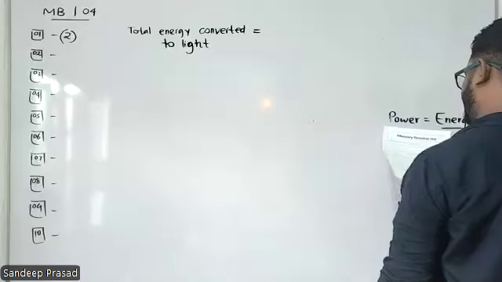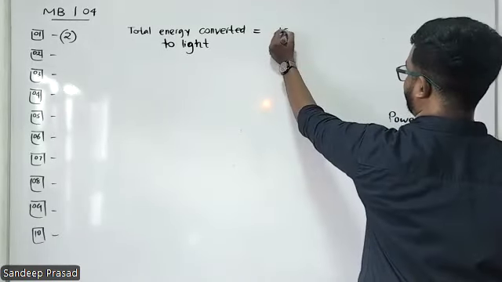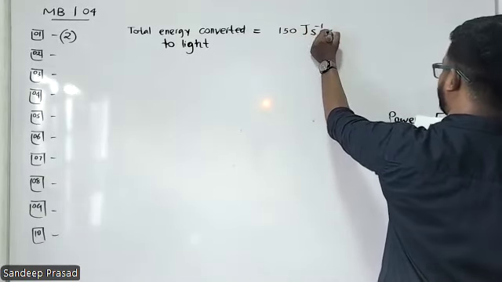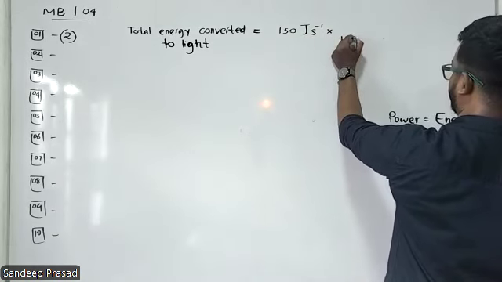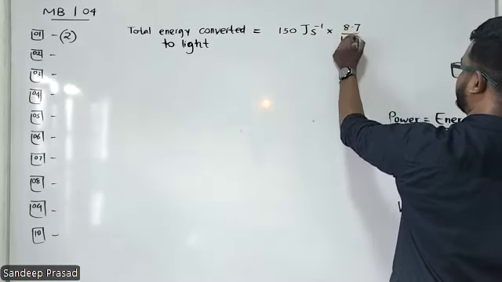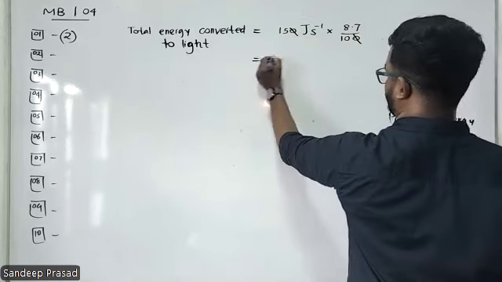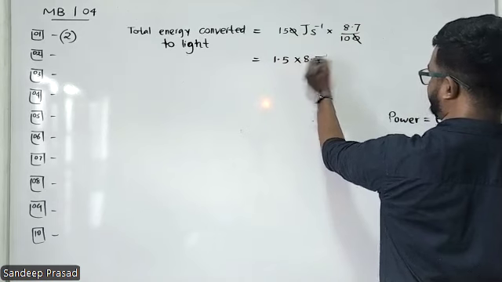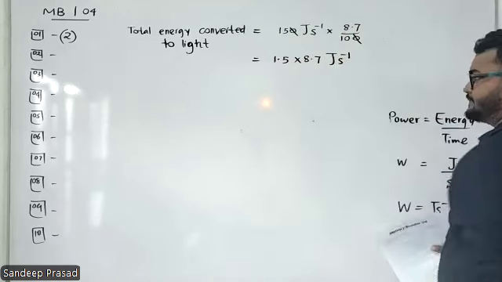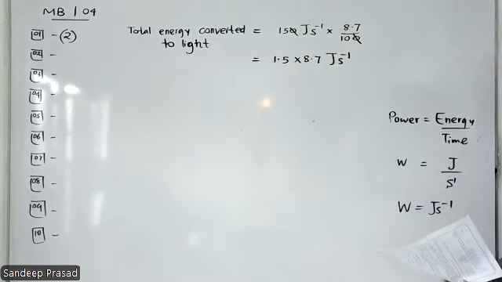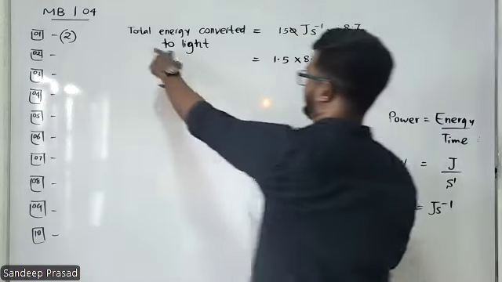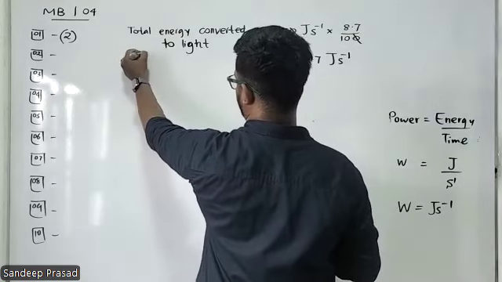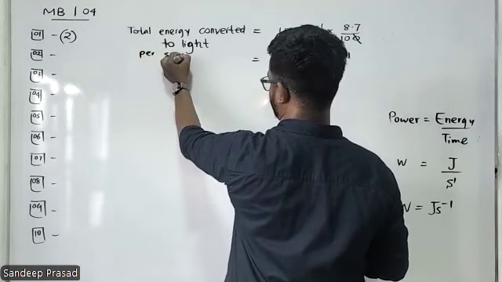So they have given 150, no? 150 joules per second. But remember, they have given percentage value 8.7. So without simplifying, let me keep this one as 1.5 into 8.7 joules per second. So this is the total energy converted to light per second.